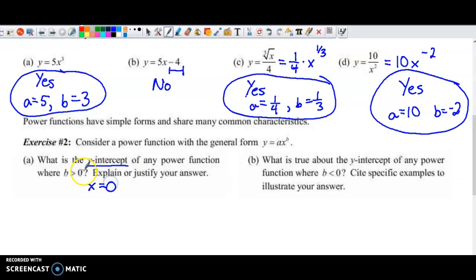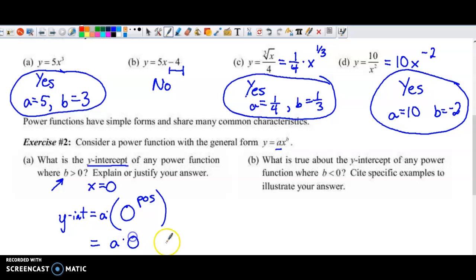So the reason why they have this statement that the b value must be greater than 0 is that 0 to a positive number is always equal to 0. So if I ask you for the y-intercept, it's equal to a times 0 to the positive number, and a times 0 will give me 0.